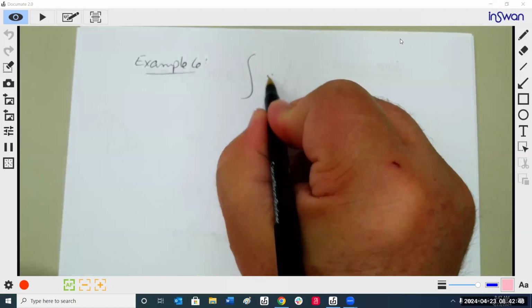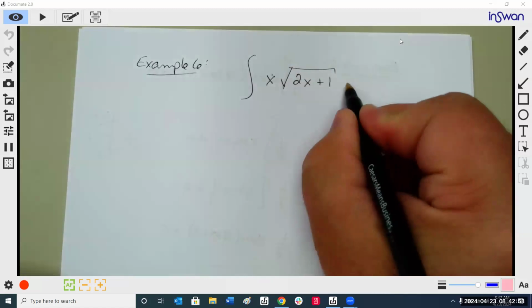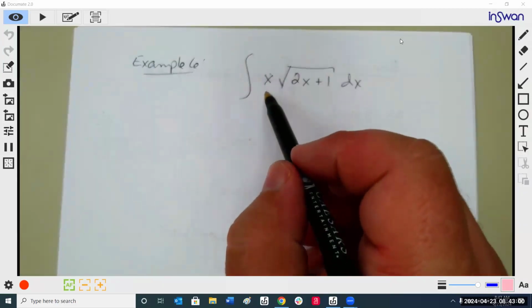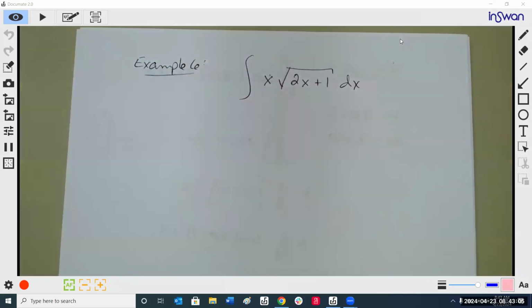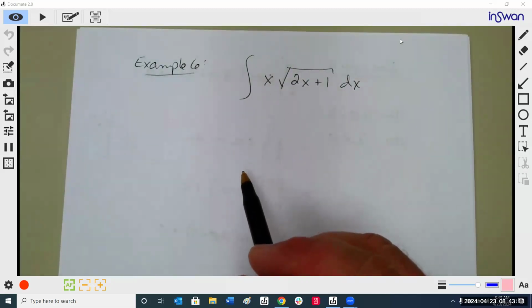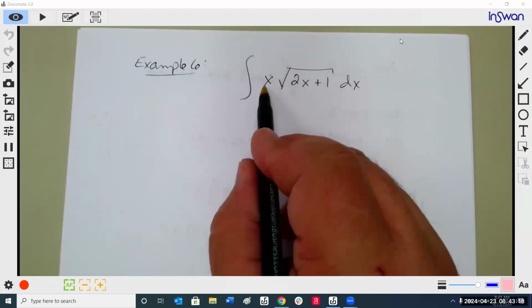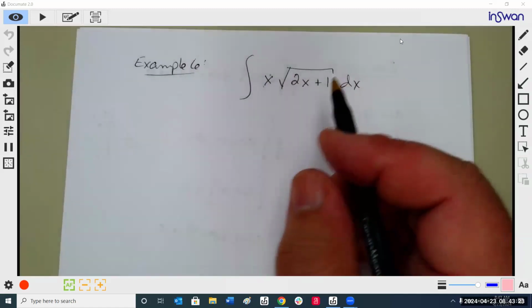Example 6. The integral of x times square root of 2x plus 1 dx. If we had a number there, that'd be easy. But now that we have an x, it's a little bit more of a difficult issue. What we have to do, if we have an x in there somewhere, is rewrite x as a function of u.